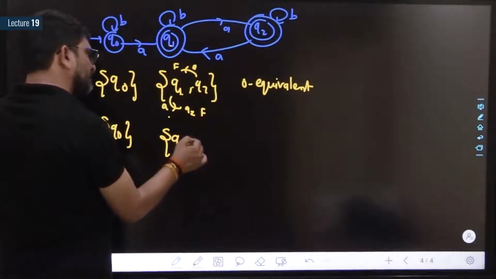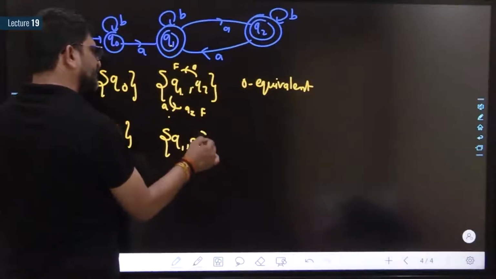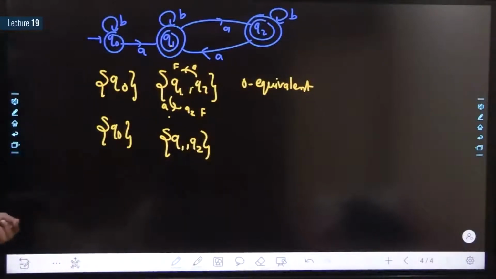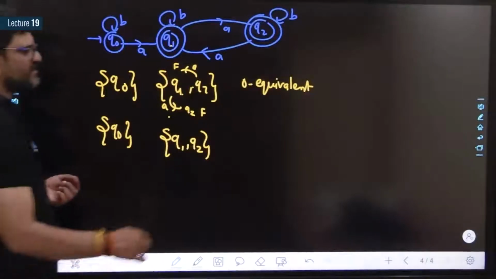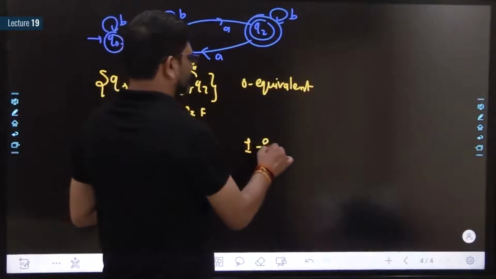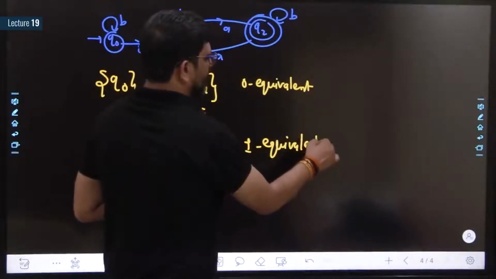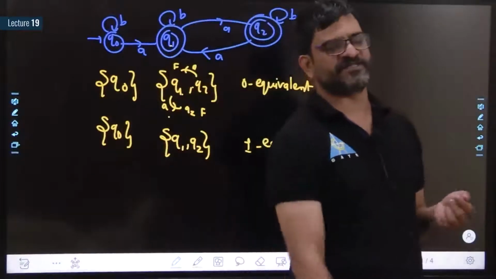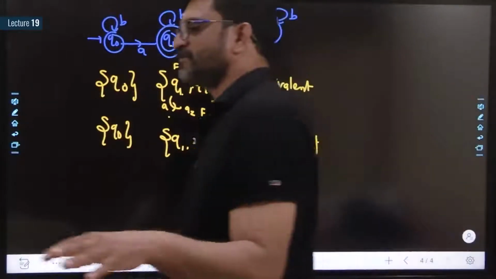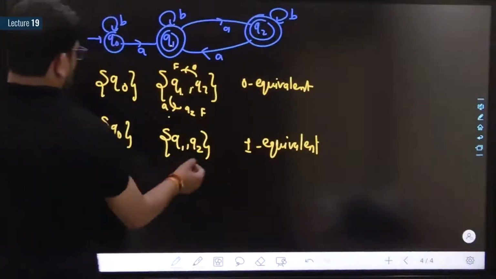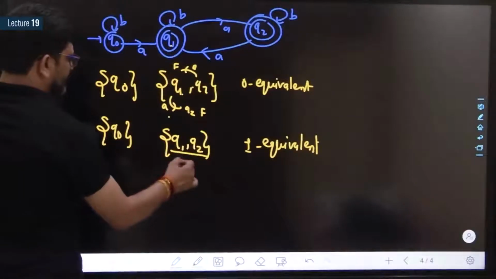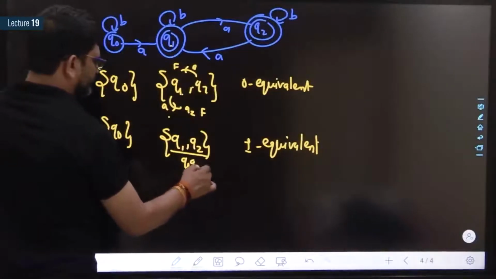We cannot differentiate these two states. This is one equivalence. Stop this process. Whenever the K and K plus one steps are the same, stop this process. Merge these two states into a single state known as Q1, Q2.